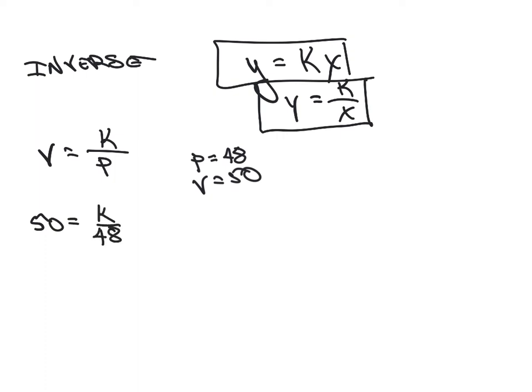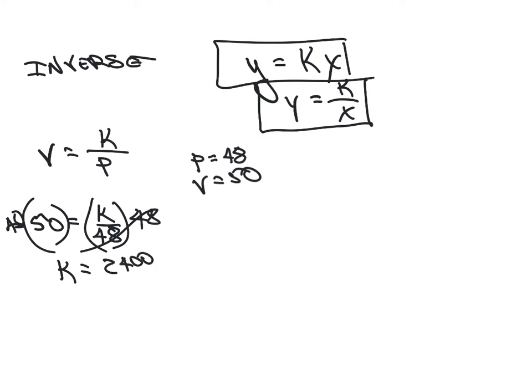what K equals. So now, because that's in the bottom, I'm going to multiply both sides by 48. And those will cancel. And I get K equals 2,400 when I multiply 48 times 50.